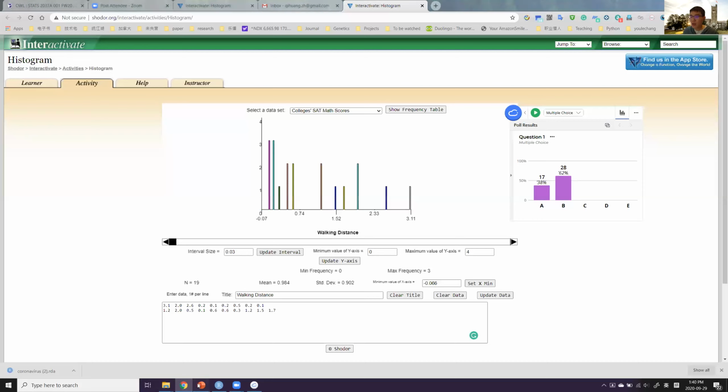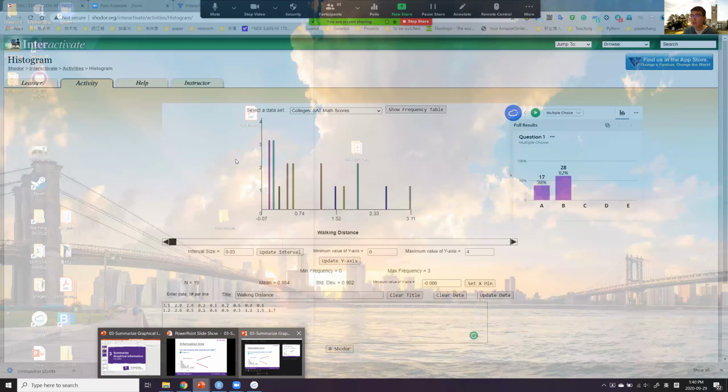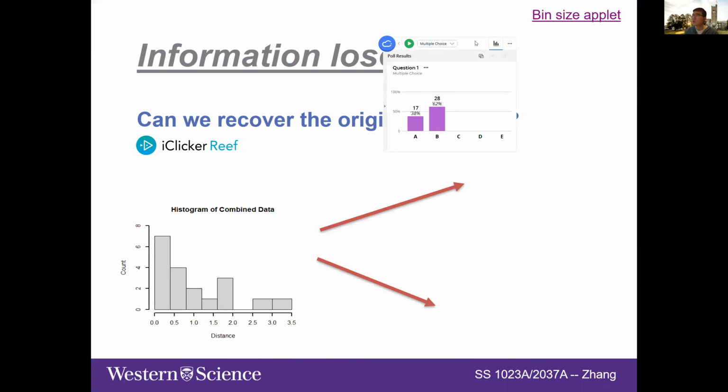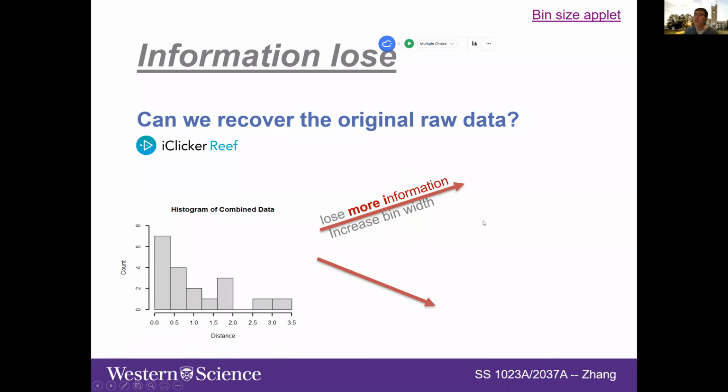So, coming back to our original case, the message here is that if we increase the bin width, we do have a lot of information loss, because a lot of bins collapse into each other, and by merging them we lose information.